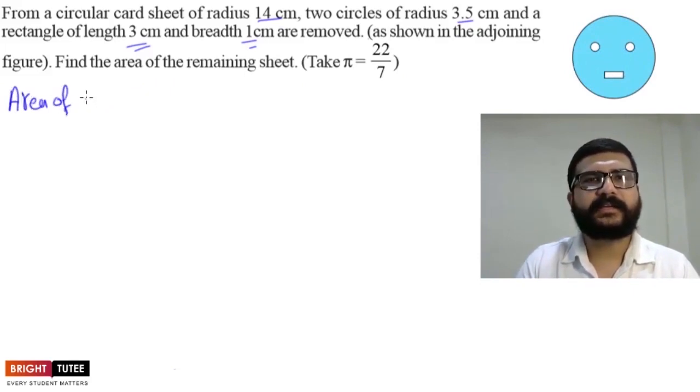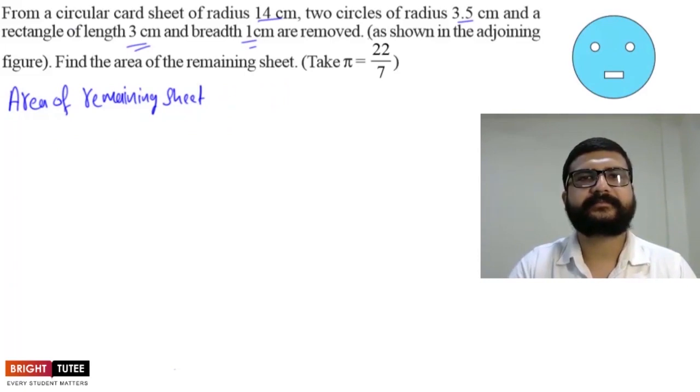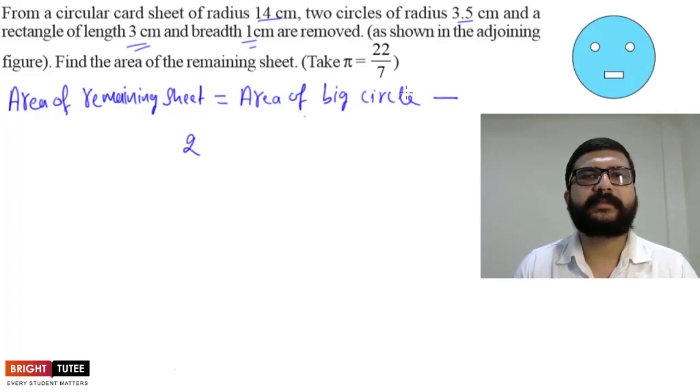Area of remaining sheet is equal to the area of the big circle, minus 2 times the area of the smaller circle, because there are two circles.